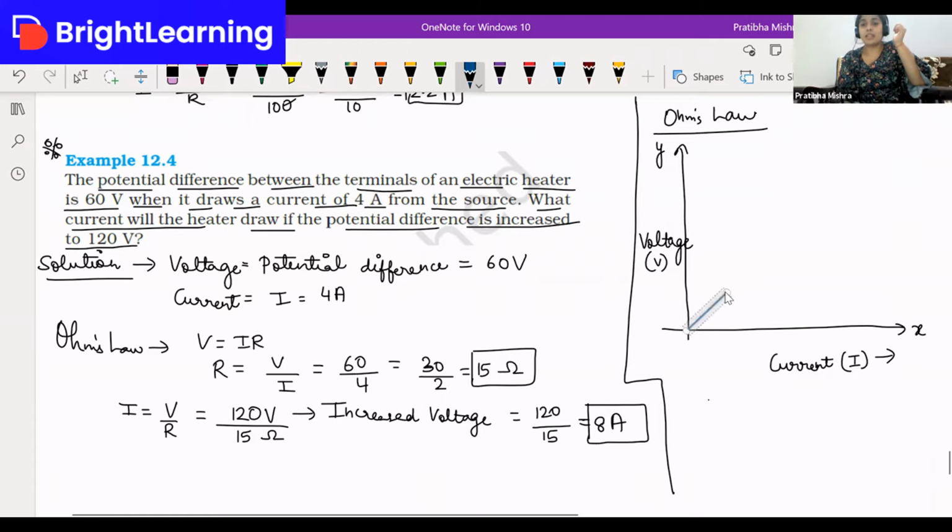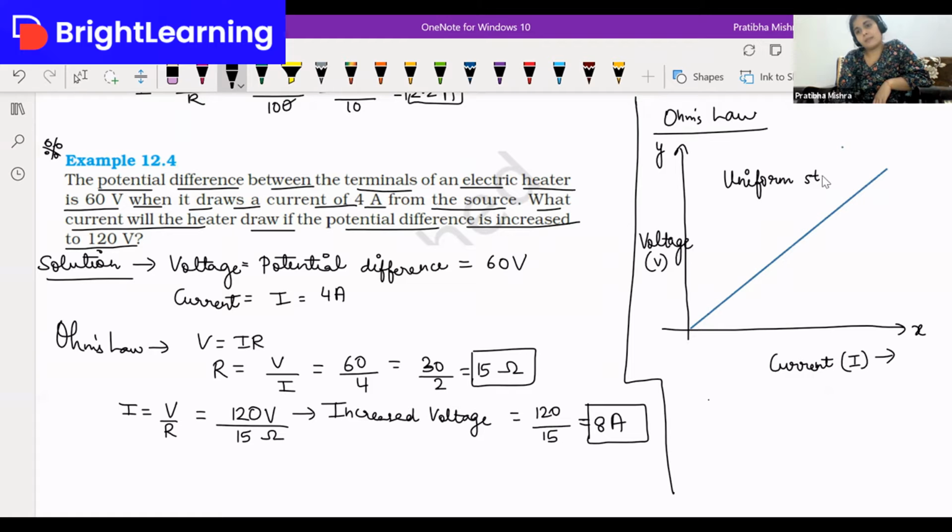I'll just redraw this. You get a straight line graph. A straight line always represents uniformity between the things. So it's a uniform straight line graph. This experiment was carried out by George Simon Ohm.